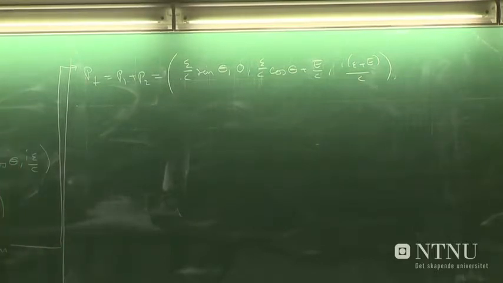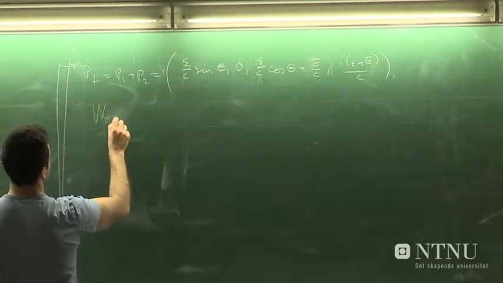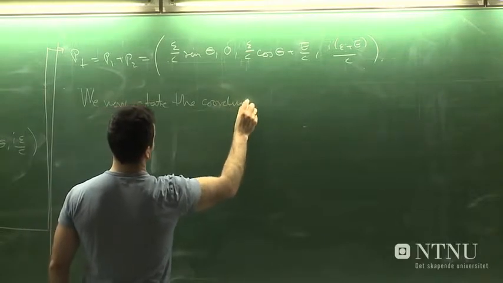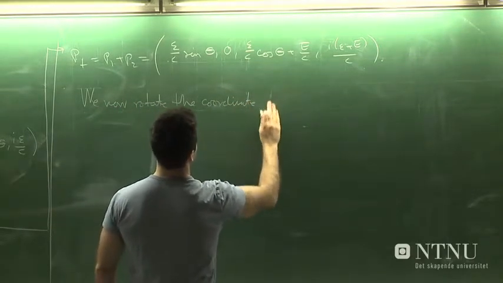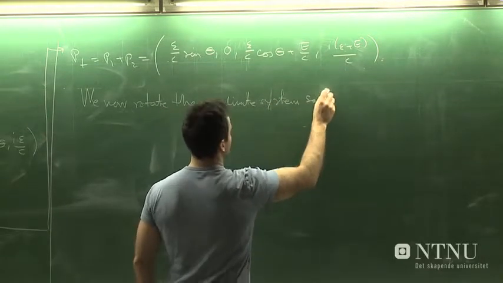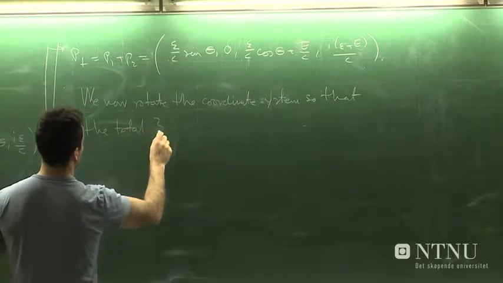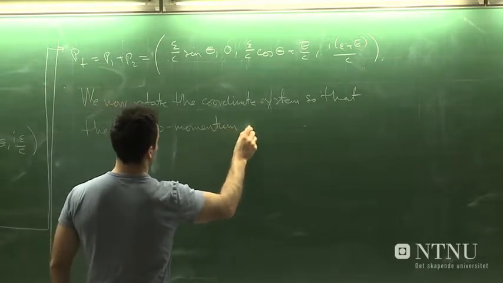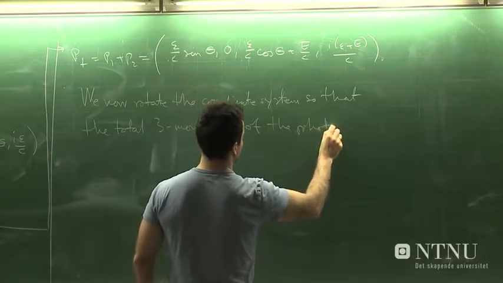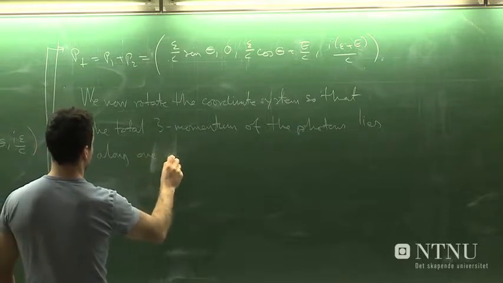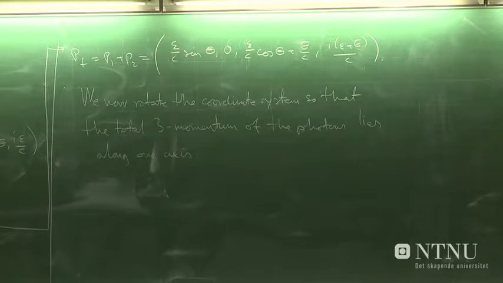But I have to be careful because I have to do this in a way so that pt squared is an invariant quantity. So let this be the z-axis, for instance.